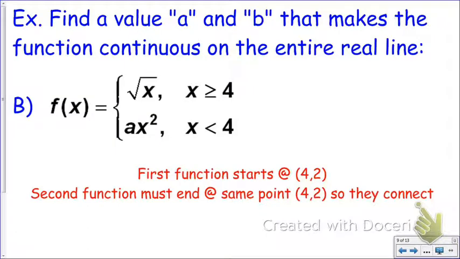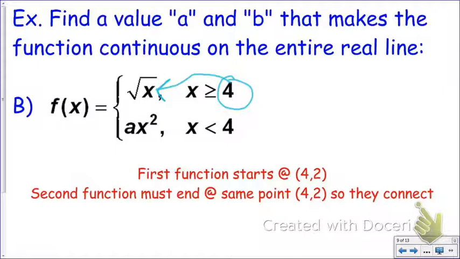For our next piecewise function that we want to make continuous, we have the function f of x is equal to the square root of x when x is greater than or equal to 4, and then we want to find a so that ax squared when x is less than 4 connects it and makes it continuous. If we plug in 4 for x into our first function, we will then find that our y value is equal to 2.